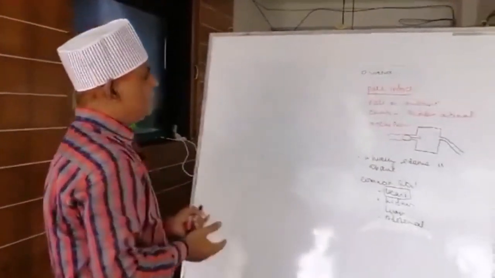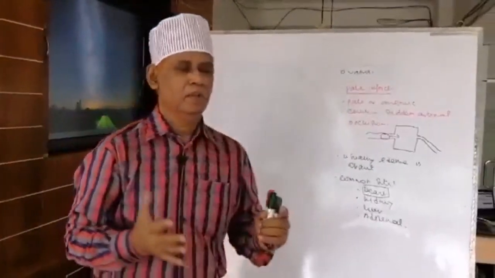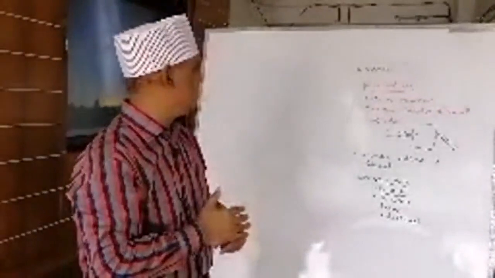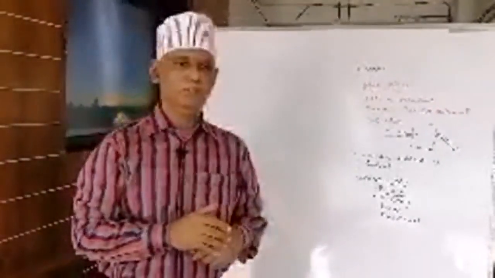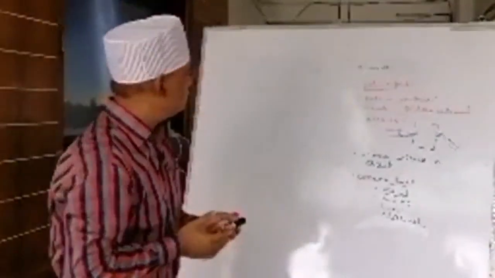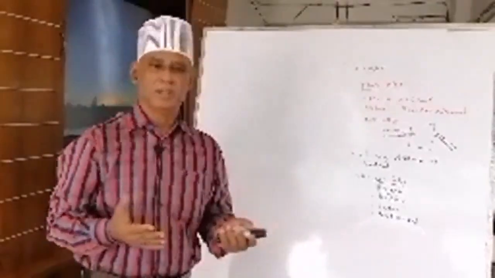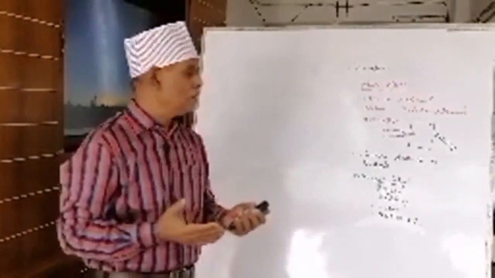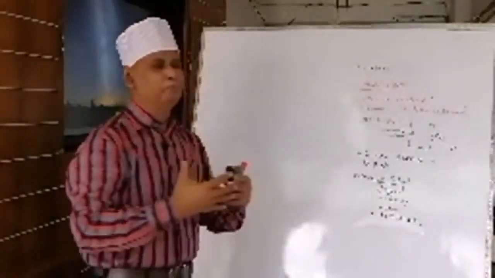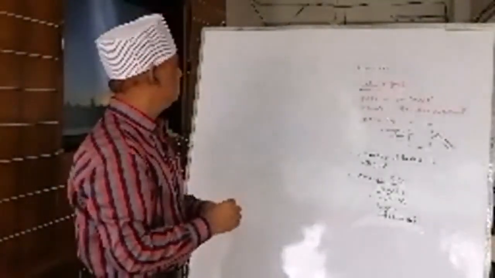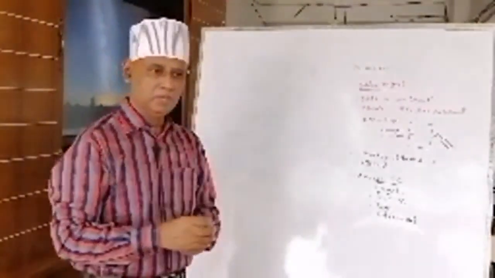Dear audience, now come to what are the factors that influences infarction. I have told you definition of infarct, type of infarct, different sites of pale and red infarct, what is the cause of pale, what is the cause of red. Now come to what are the factors that influences infarction.